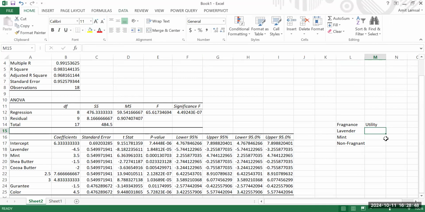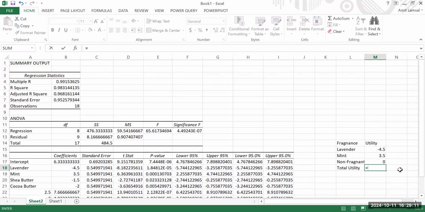So you can see that lavender has the utility of -4.5 and mint has the utility of 3.5, whereas for the non-fragrant, its utility will be 0. Here the total utility will be the range, that is highest minus the smallest. Here the highest is 3.5 minus the smallest is, you might think the smallest is 0, but we have -4.5 as a value, so 0 is greater than -4.5. That means -4.5 is the smallest of all these values, so the range will be 8.